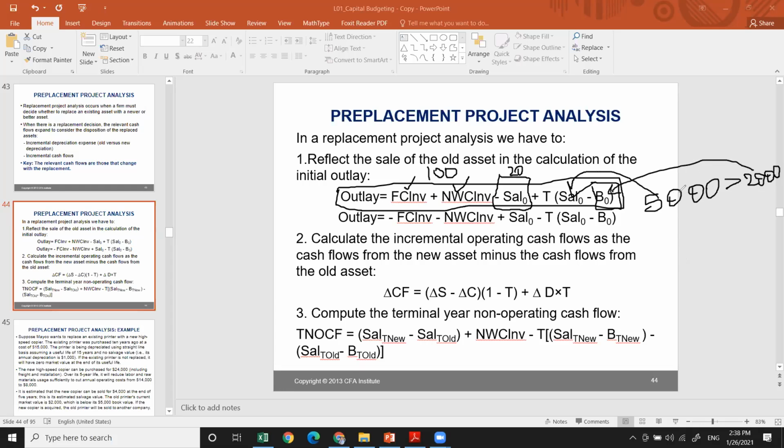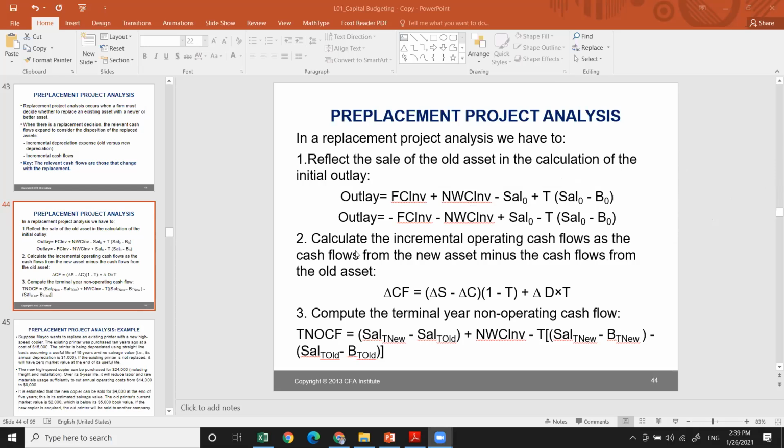If the sale is greater than the book value, then you have to pay tax on it, because you are making some profit. The book value is the real value of the equipment, but when you sell it, the market price is higher than the book value, so you're making a profit. But if it is vice versa, you are not paying the tax, but instead you're receiving some tax subsidy. This is how the investment cost should be estimated.